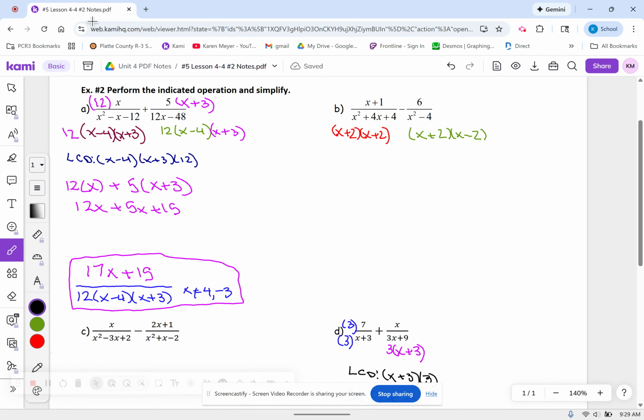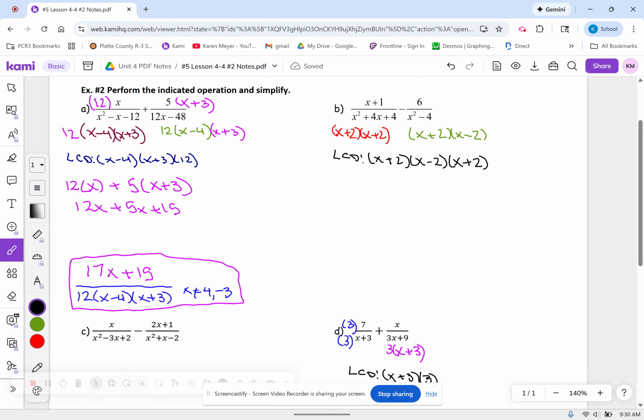So now when you're listing your LCD, you would say they share an x plus 2. They do not share an x minus 2. And then there is also another leftover x plus 2, so we also have to include the extra leftover x plus 2.